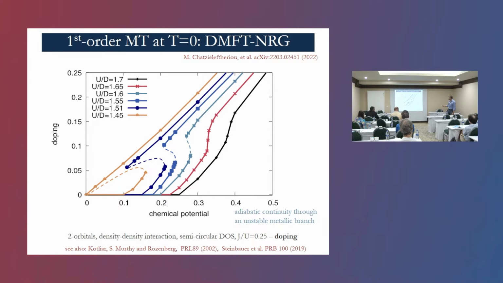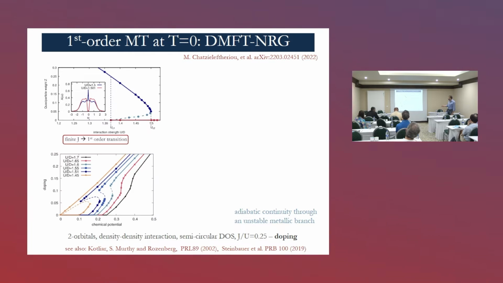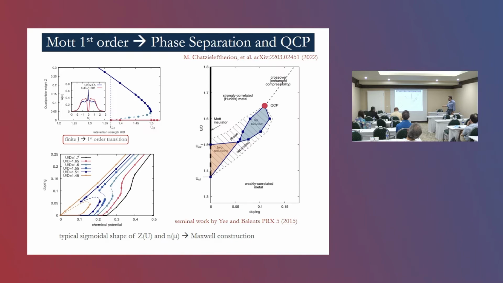Then at some point this sigmoidal shape will straighten out, and one will remain with just a monotonous branch with just some inflection point. Now, all this can be put on a phase diagram, and what is very nice is that the phase diagram looks like this.